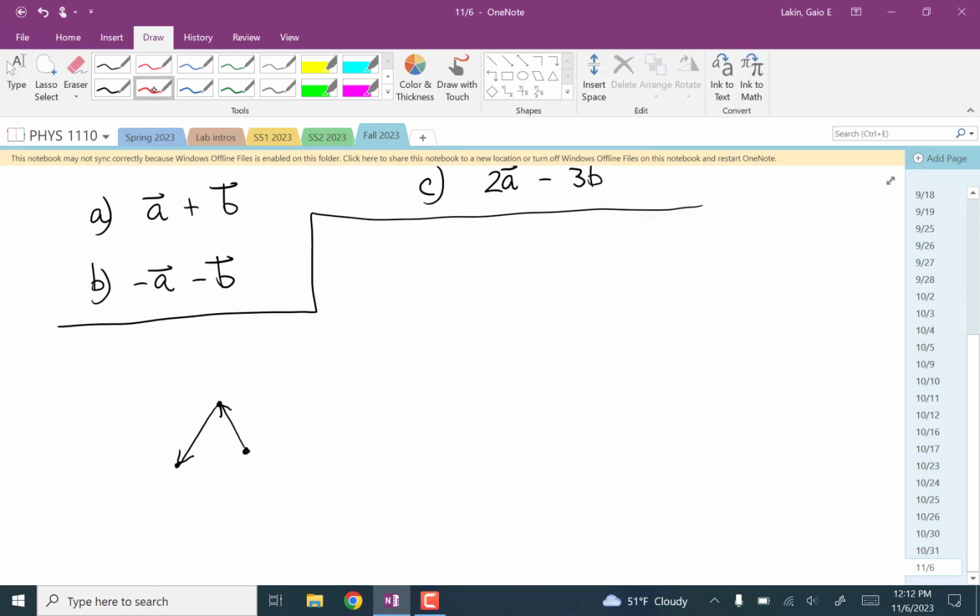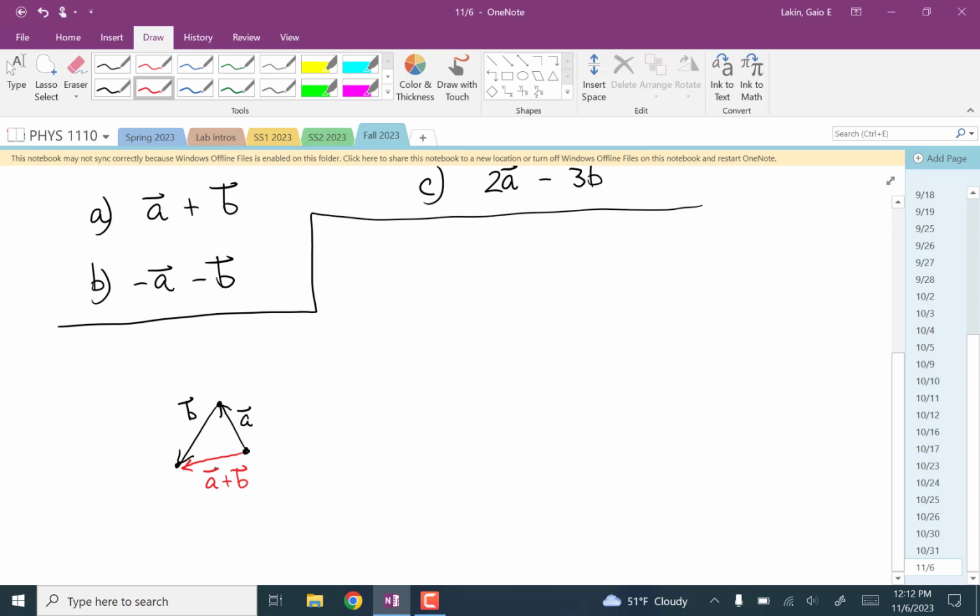And the actual answer for the sum of two vectors is just the vector going from the starting point to the ending point. So this is the answer to adding those two vectors. This was A, this was B, and this is A plus B.